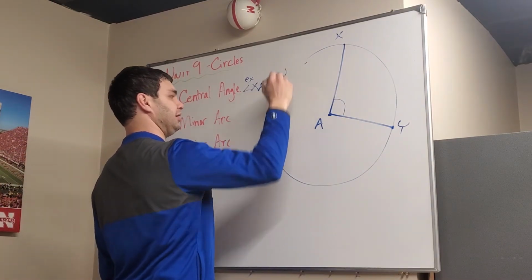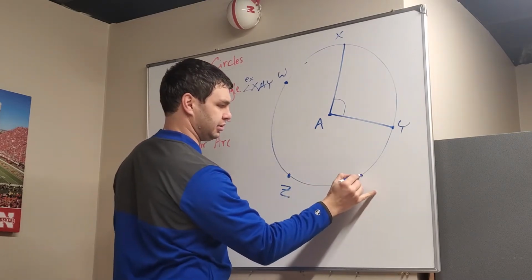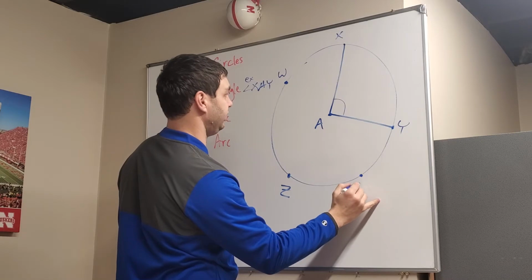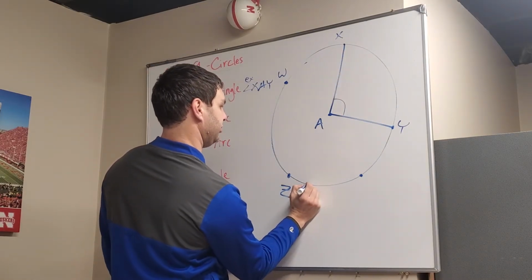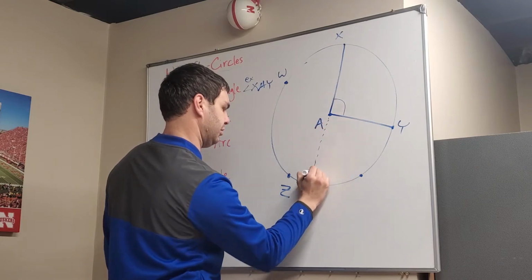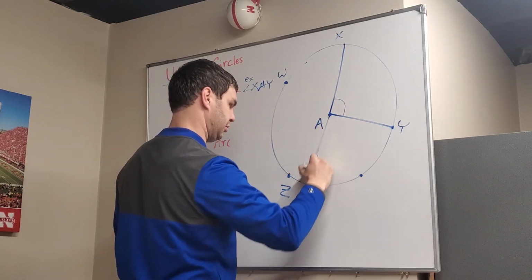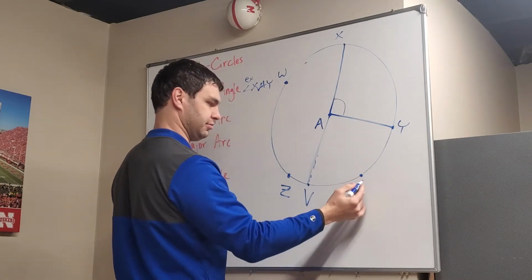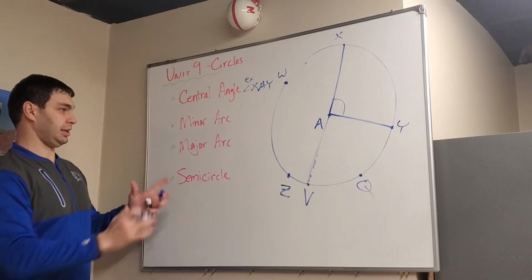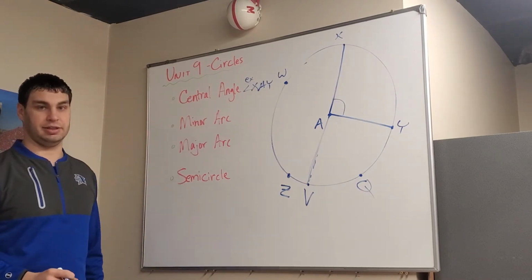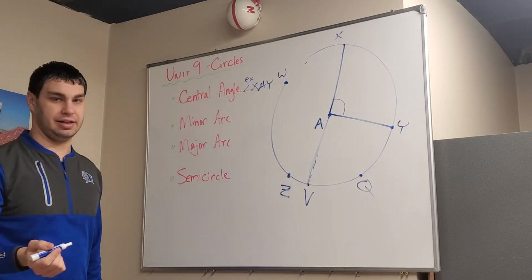A minor arc, let's put a couple other points on here. Let's go maybe a W, a Z, and a V, and let's call this one Q. Now, a minor arc is an arc that is less than 180 degrees.